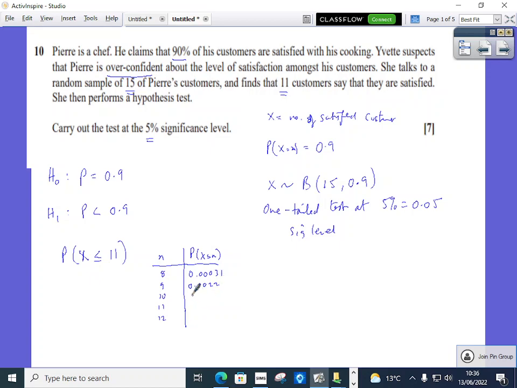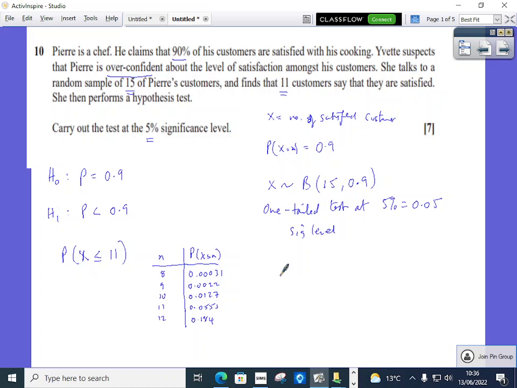Next one's going to be 0.0127, and then 11 is going to be 0.0555, and the next one, might as well put the next one down, is going to be 0.184.